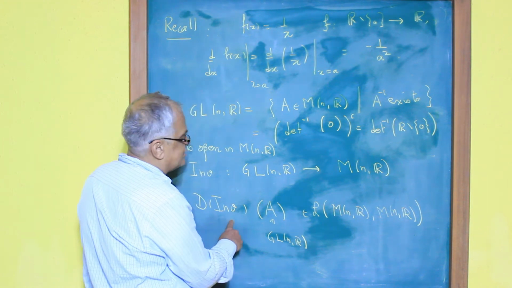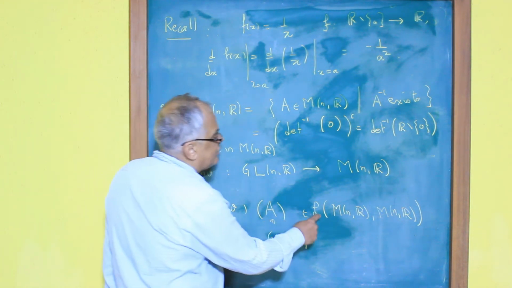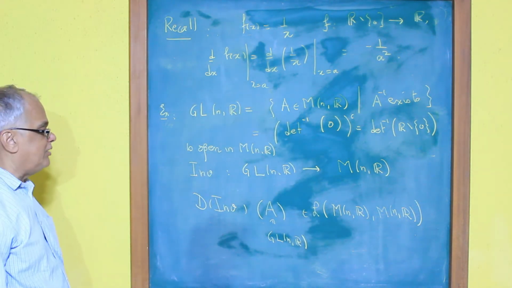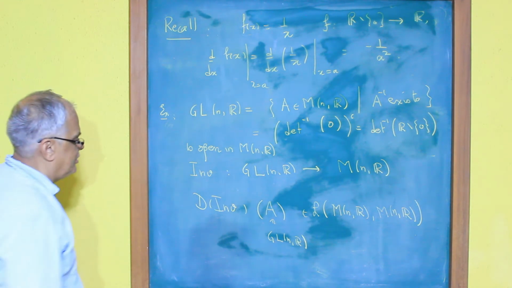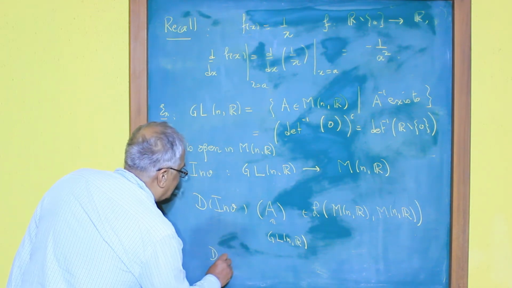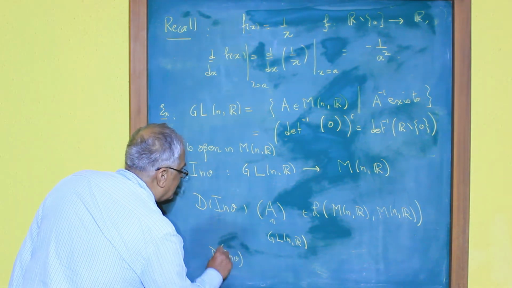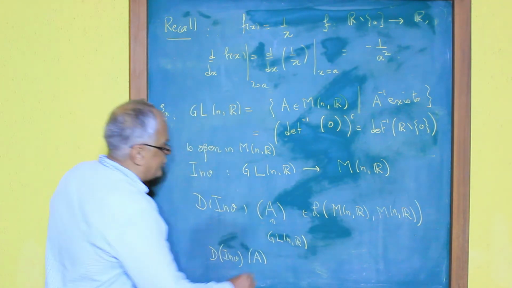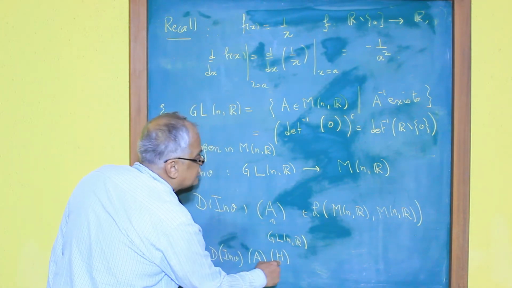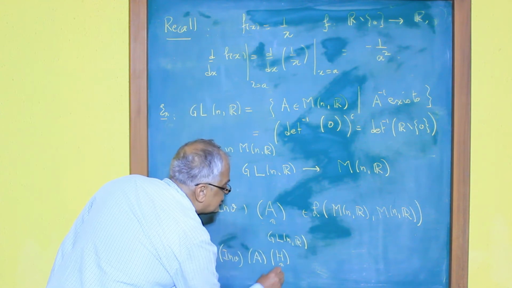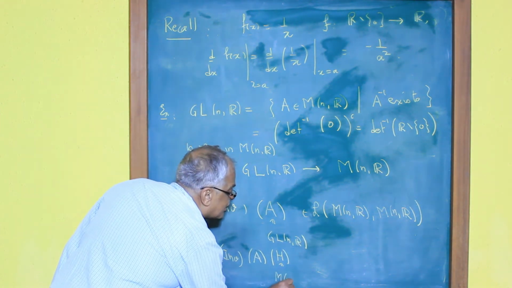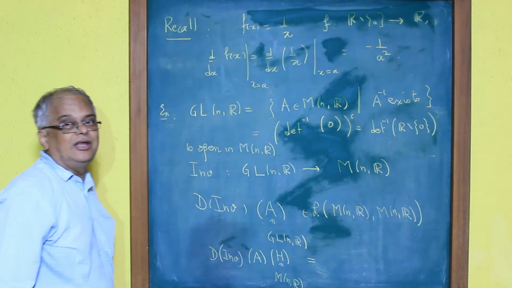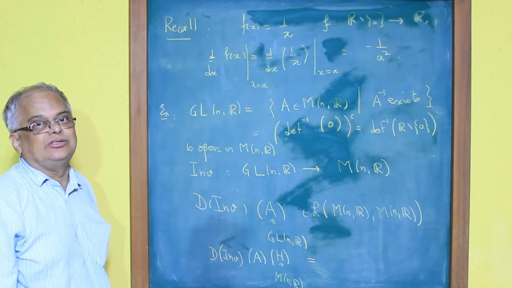The derivative of the inverse at a point in GL_n(R) is a linear map from this vector space to this vector space. And I want to find out what this map is. So the exercise is that the derivative of INV evaluated at A is a linear map from here to here. So I should take a point H. Where is H? H is here. So this H is in M_n(R). And what I should get should be an element in M_n(R), and it should be linear in H.